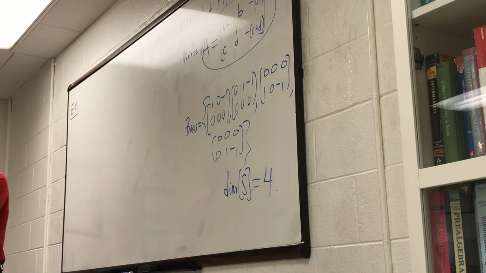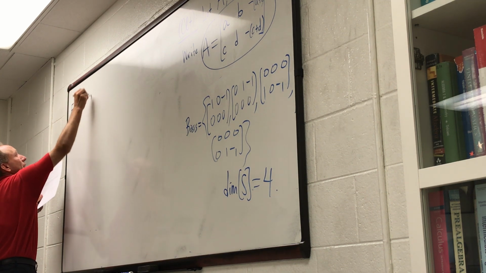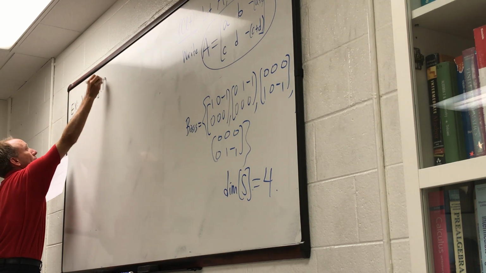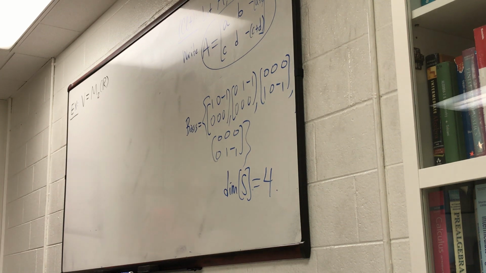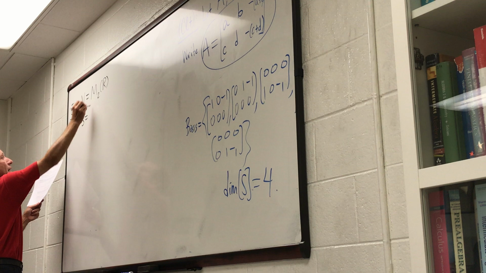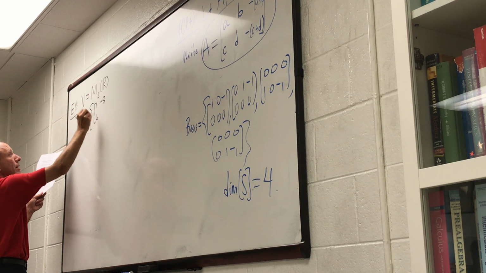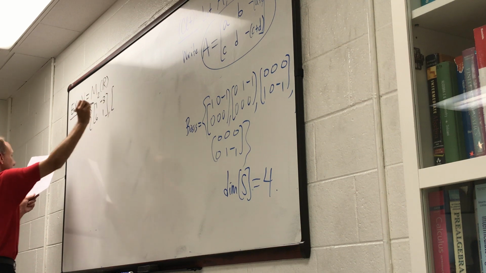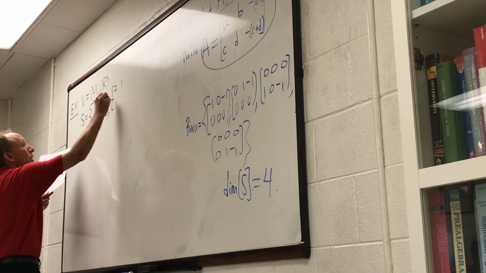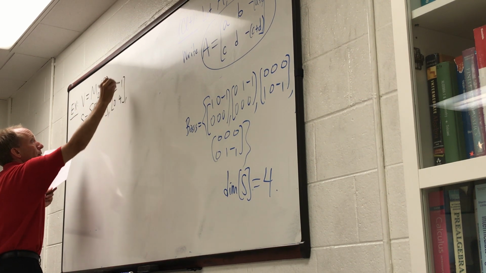This time I'm going to give you a set of vectors and ask you whether they are LI, a spanning set, both, or neither. Okay? So let V equal M2 of R. And let S be the set that has the matrix 1, negative 3, 6, 1. And then 2, 1, 0, 4.